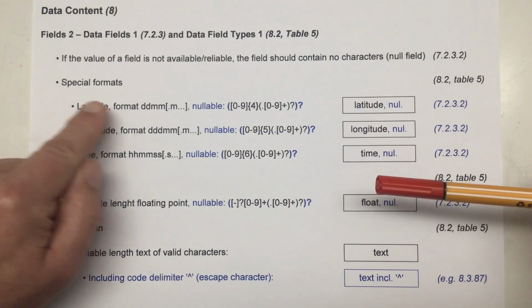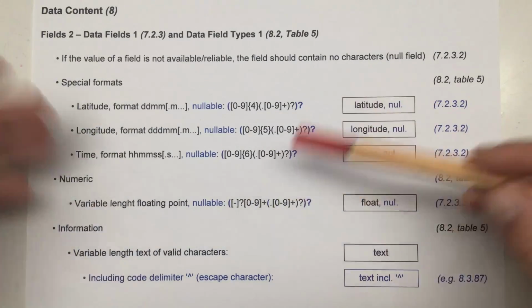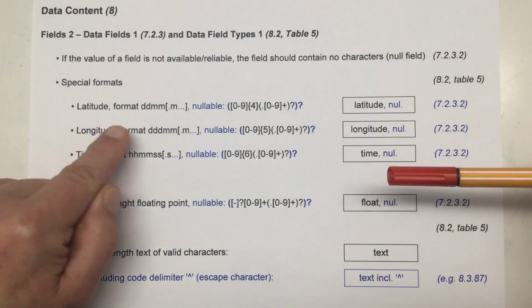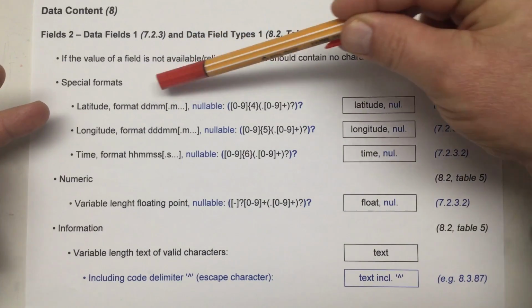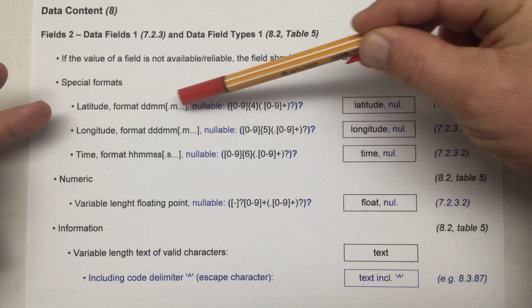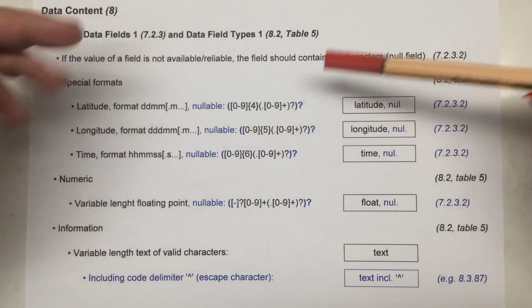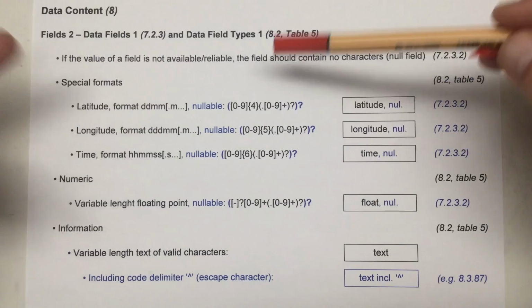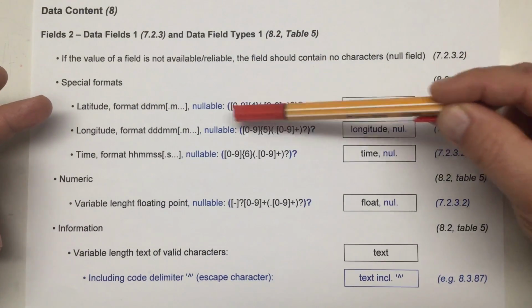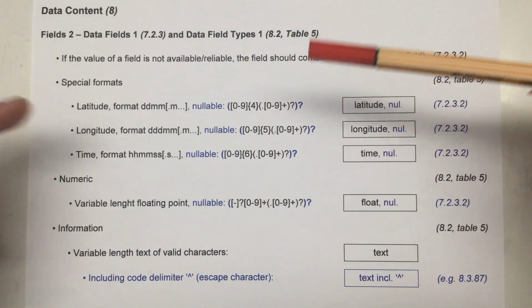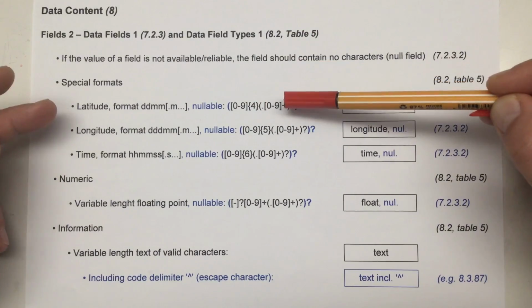That brings us to the special format data field types latitude and longitude, which are quite similar. So the format for latitude is degrees, degrees, minutes, minutes, and then after a decimal point, fraction of a minute. This field is of course nullable if it's not available, but the regular expression for it, if it's there, is 4 digits followed optionally by a decimal point and then 1 or more digits after that.